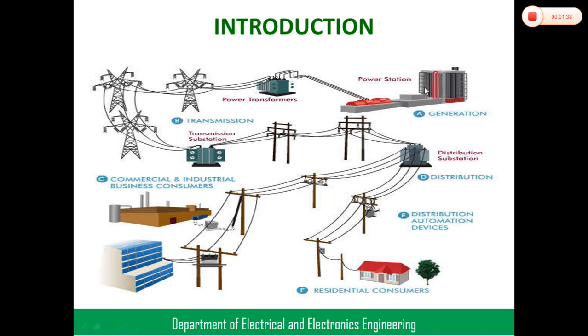We all know that the power generated in the power stations is transferred through the transmission lines and also through the distribution lines towards the commercial, industrial and residential consumers, right? So in this total network, we need to know the parameters: voltage, current, power and energy. These 4 parameters are very important. That's why in this video, I am going to discuss these 4 definitions.